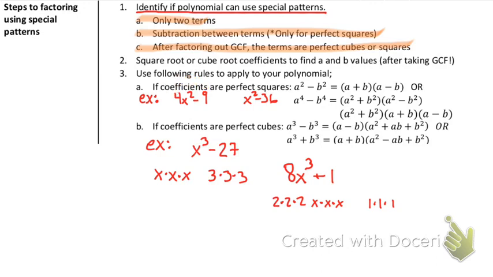For example, 2 times 2 gives me 4. Therefore, 4 is a perfect square. 3 times 3 gives me 9. Therefore, 9 is a perfect square. Okay, so once you get down identifying special patterns, we then kick into how do I actually factor. And this is where step 2 and 3 come into play.